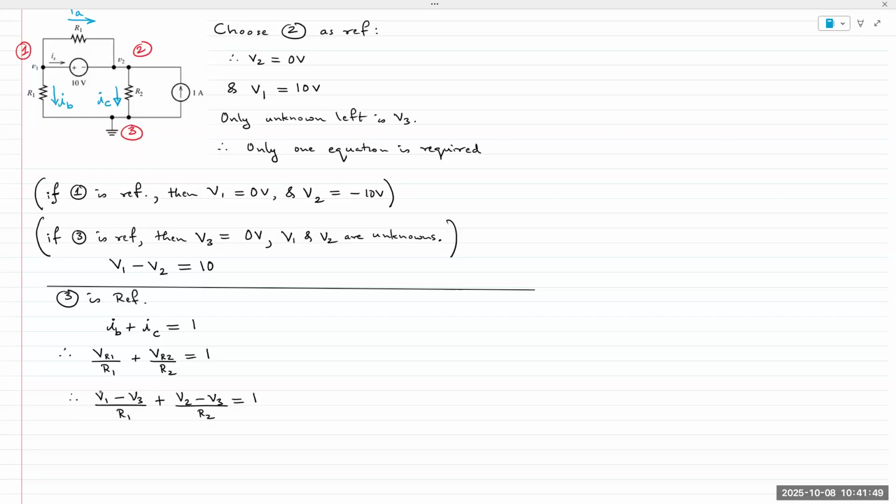So what do I have? I know values for R1, I know value for R2. For the purposes of this analysis, sorry, this is not 3 as reference, this is 2 as reference. Sorry, 2 is reference.